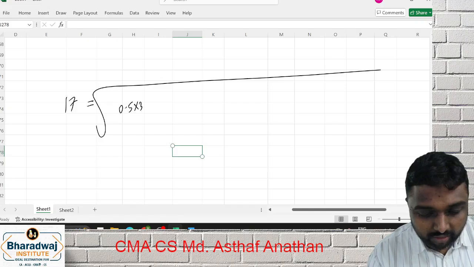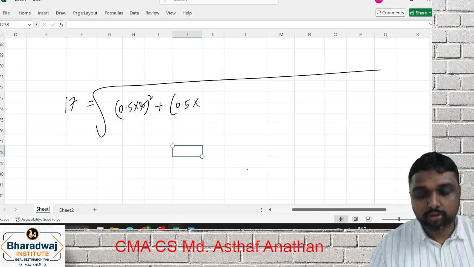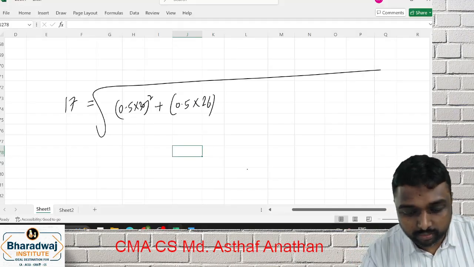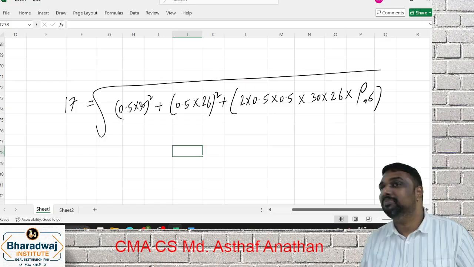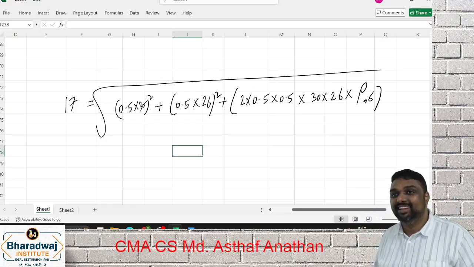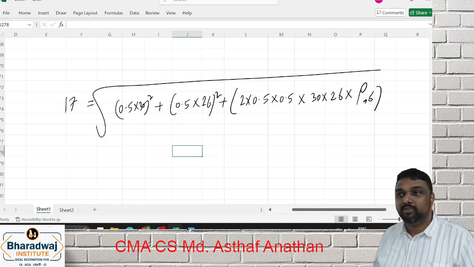So 0.5 into 30 square plus 0.5 into the second security's risk, 26 square, plus 2 into 0.5 into 0.5 into 30 into 26 into correlation. Here we don't know the correlation, so you have to put it as X. Are you clear, my dear friends?